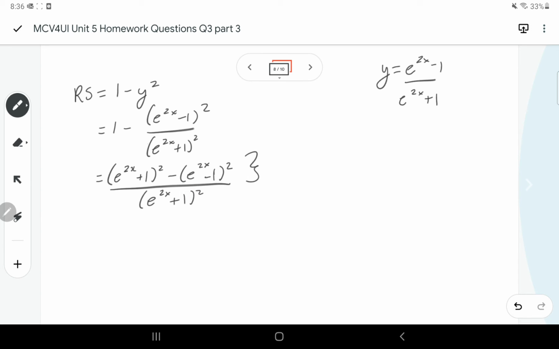This is just my thought bubble, you don't actually write this in your proof, but basically I want this top thing to be 4e to the 2x. So I have to figure out whether that's going to be true. To do that, I'm going to FOIL out these two pieces, so I'm going to square those brackets.